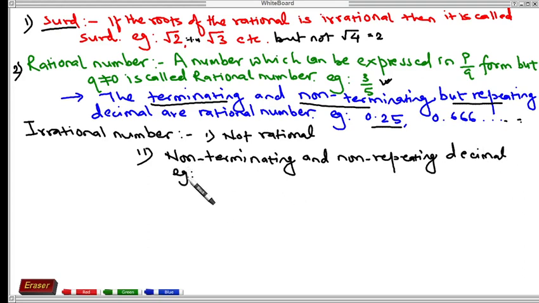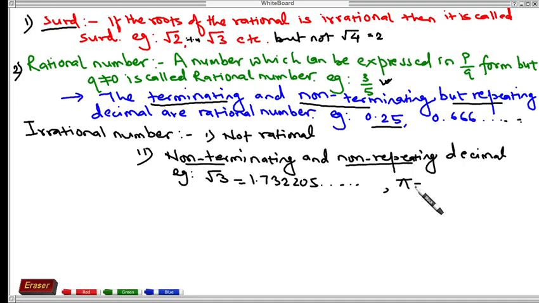For example, root 3. The value of root 3 is 1.732205 dot dot dot. This is a non-terminating as well as a non-repeating decimal.